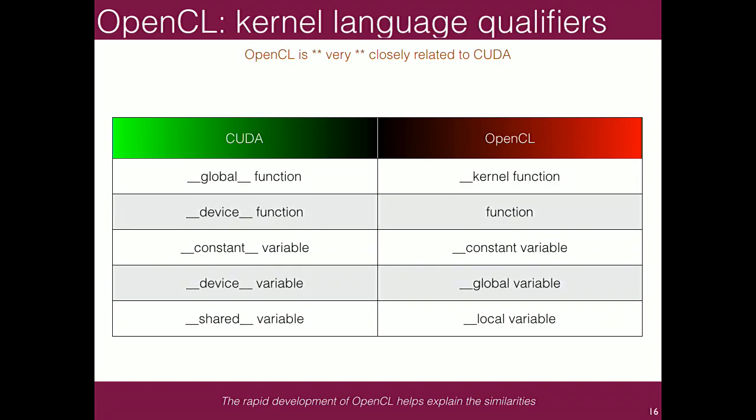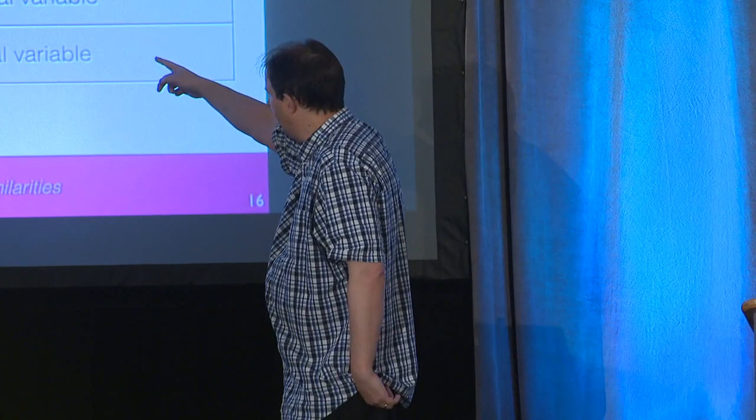Decorations of kernels. Underscore underscore global, I don't know why CUDA likes underscores so much, but they put them everywhere. In OpenCL it becomes underscore underscore kernel. A device function just becomes a function. We haven't talked about constant memory space. Device variable becomes a global variable. So implicit in our definition of the kernels, we've just been using raw pointers, but implicitly we're actually saying device pointers.